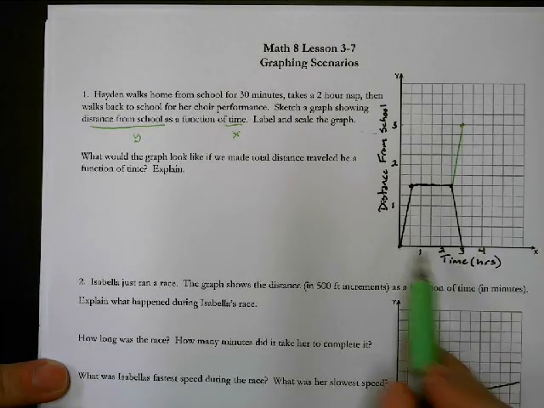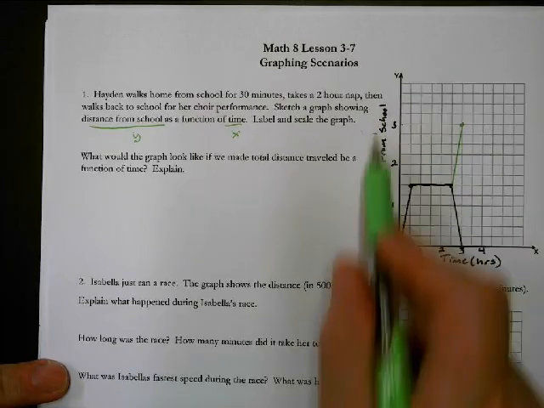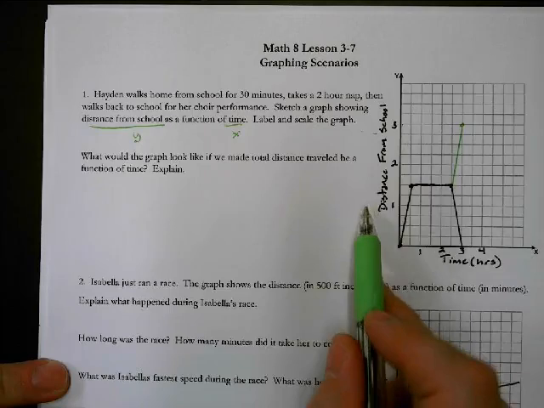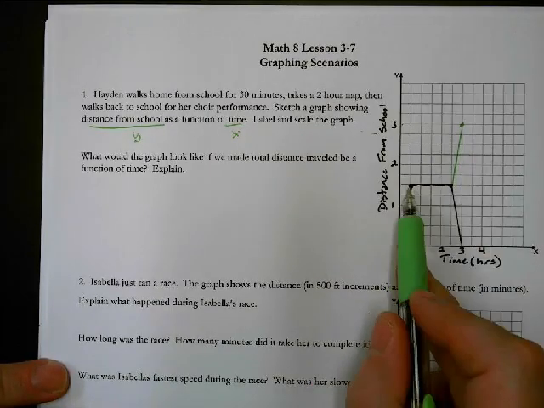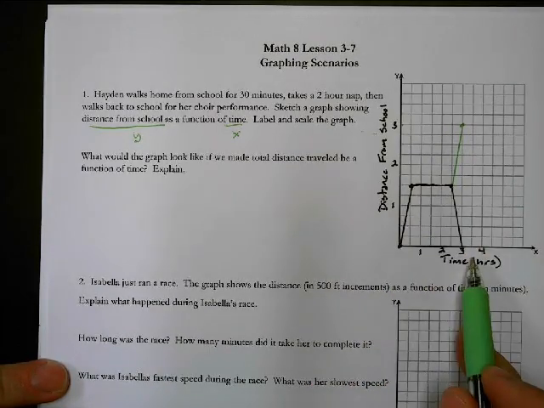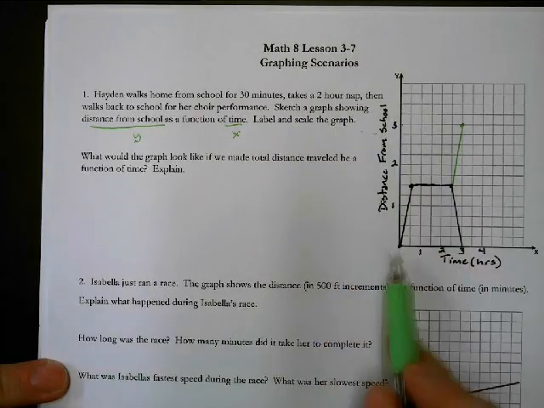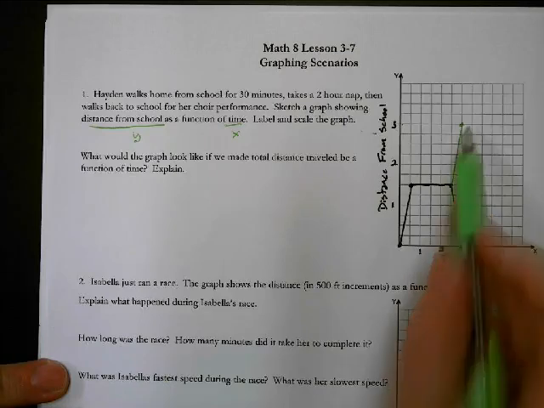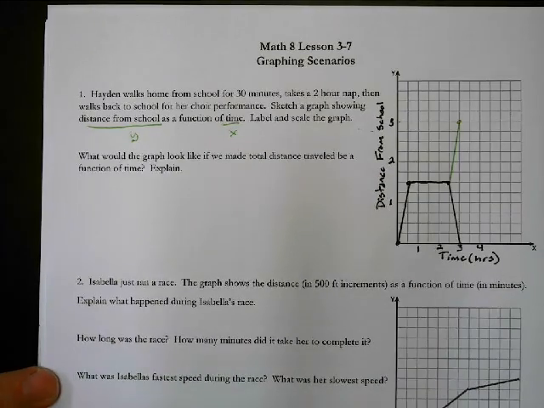So what we decide as our dependent quantity will decide what our graph looks like. If we do distance from school, that'll show her going home and then coming back to school. But if we did total distance traveled, she'd be going home, staying there, traveling more back to school, and the graph would have continued going up.